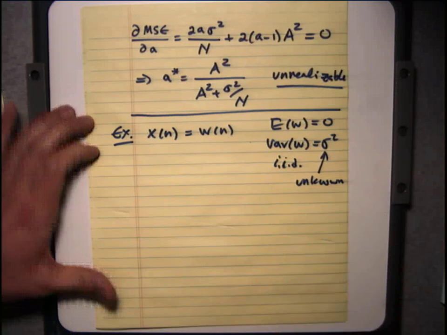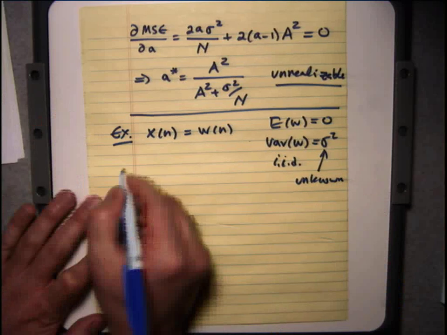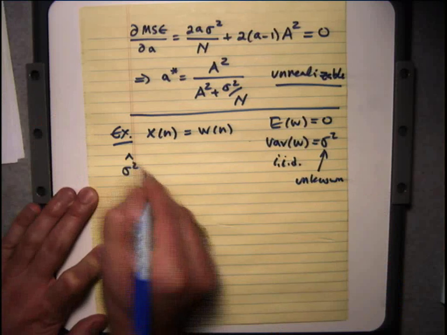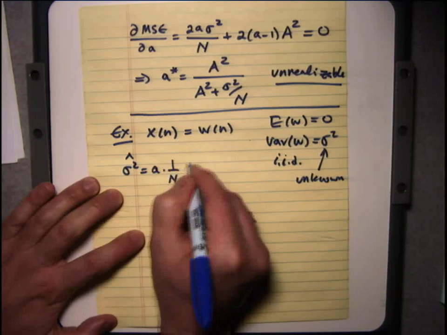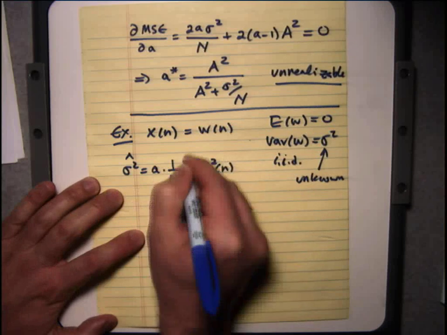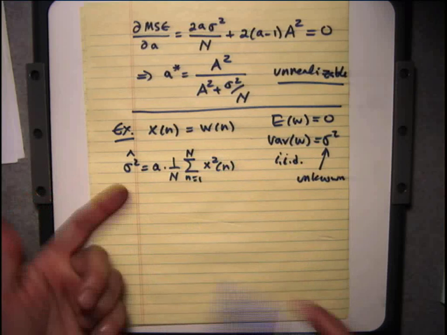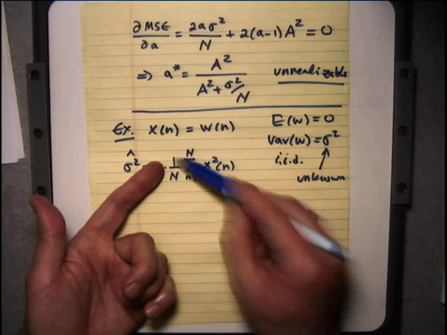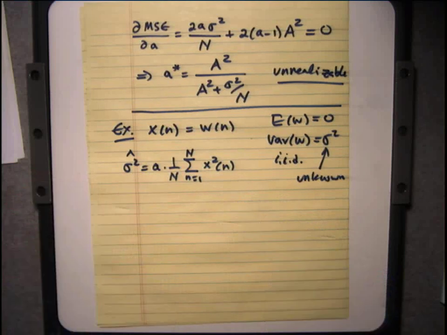So I want to estimate the variance now. The noise power is what I don't know. Let me propose the following estimator: sigma squared hat is A times 1/n, the sum of x squared[n], n equals 1 to N. So I'm going to estimate the noise power by taking the average signal power and multiplying it by some constant, and then again playing with that constant to see if I can minimize the mean squared error.